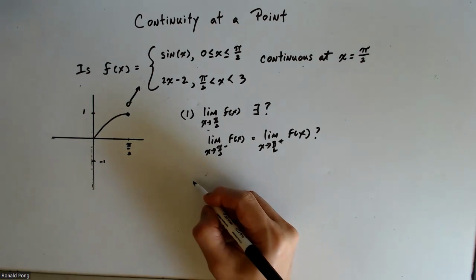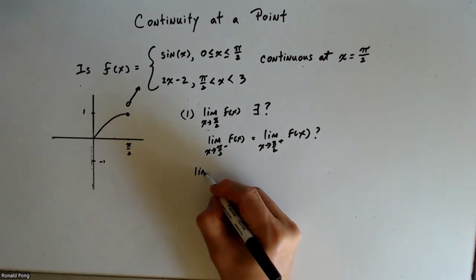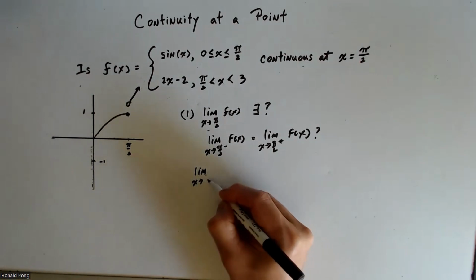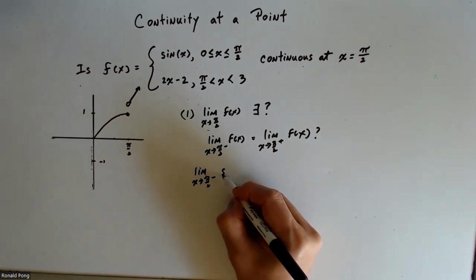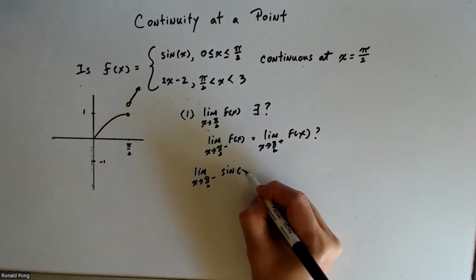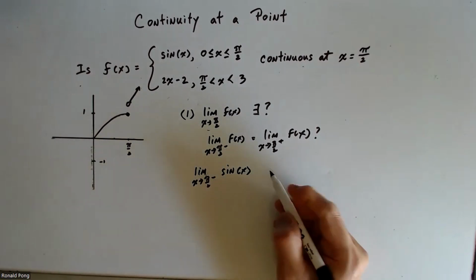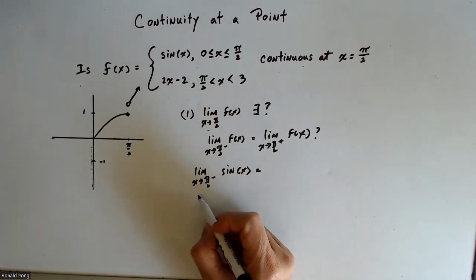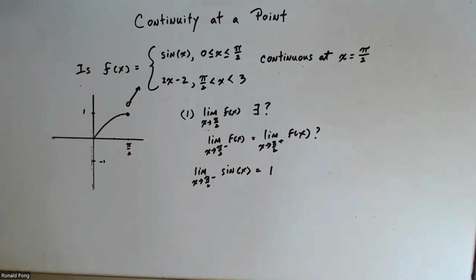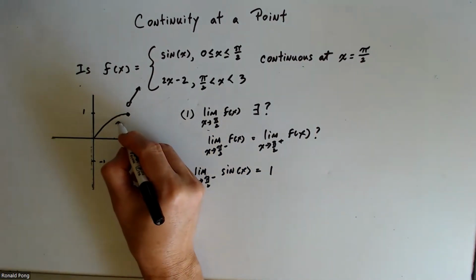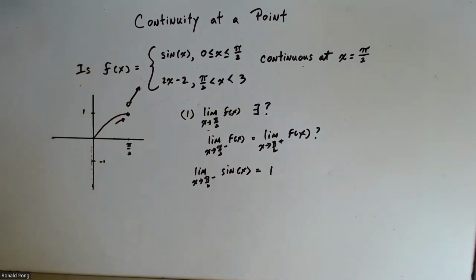Let's see. The limit as x approaches pi over 2 from the left of the left part of this function, which is sine x, clearly plugging in is going to give us the value of 1. And we can see that on the graph.